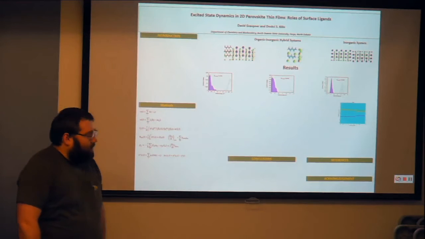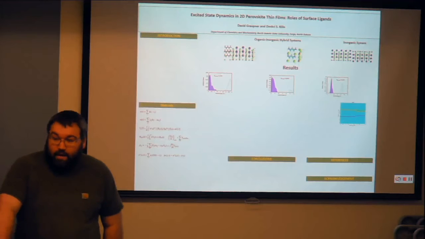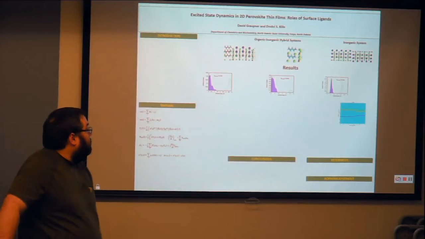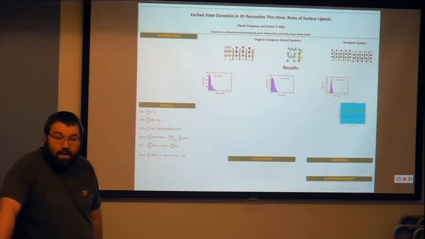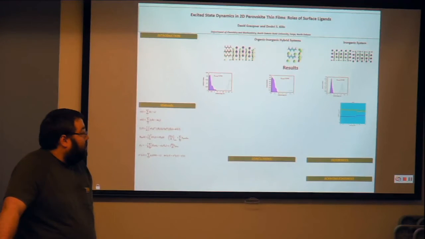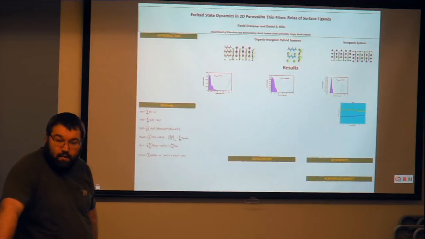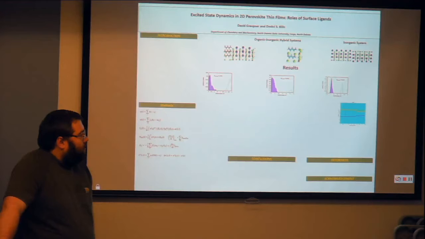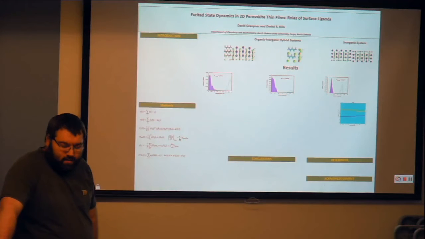So I'm looking at the photovoltaic properties of perovskites, and I'm looking at two different types of systems. First, I'm looking at the organic-inorganic system, and I'm also looking at a completely inorganic system.